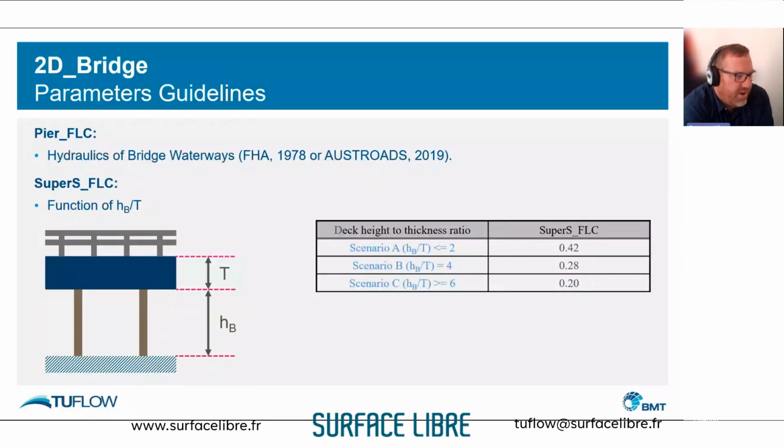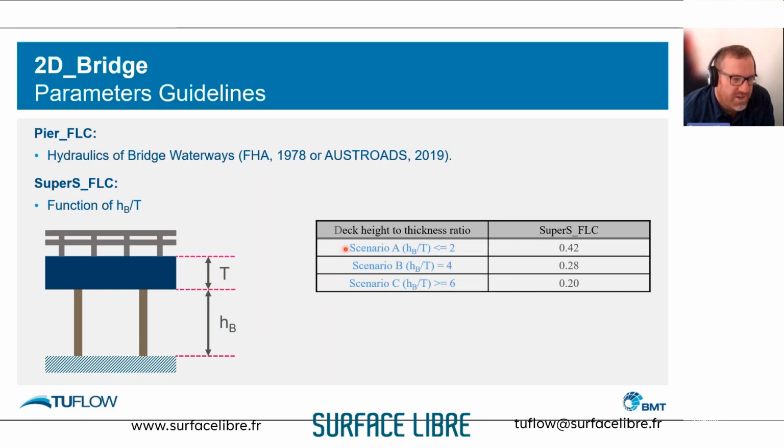We've come up with some parameter guidelines. So, again, for the pier form loss coefficient, we would recommend the Hydraulics of Bridge Waterways. Excuse me, but for the deck and the railings, like I said, we treat that as a superstructure, and we found that this is a function of the deck soffit to the deck thickness.